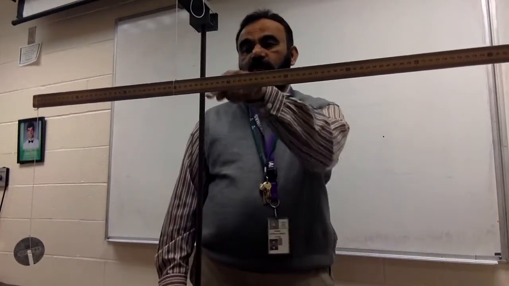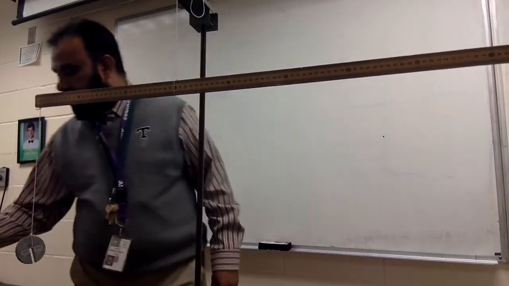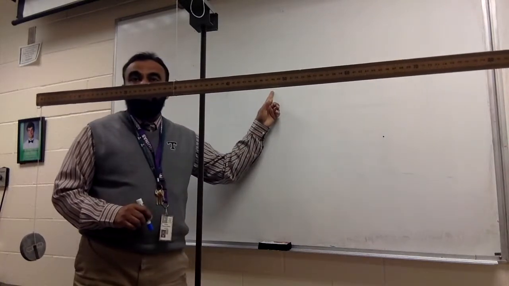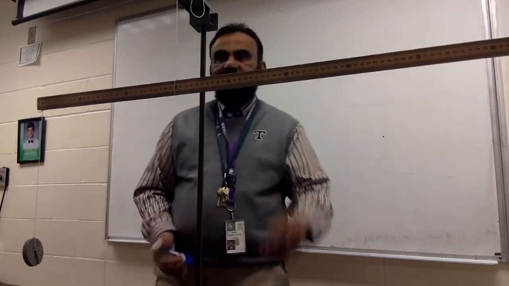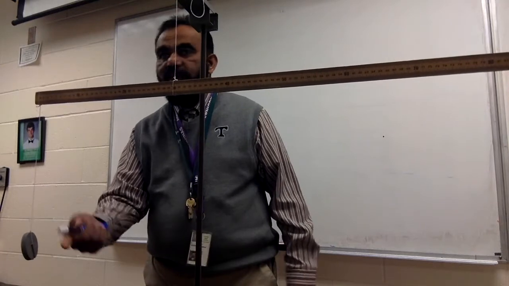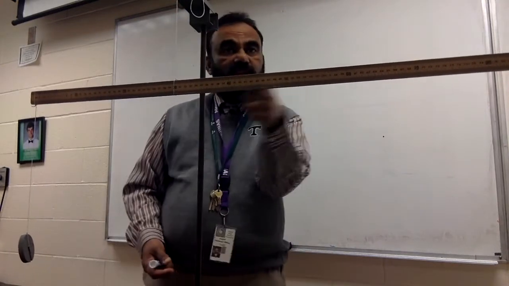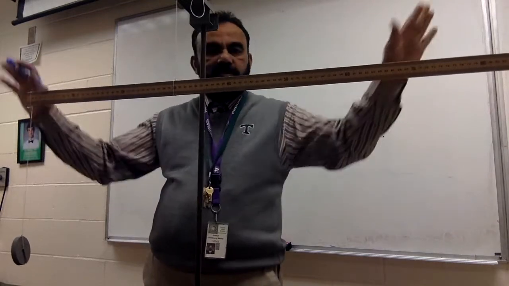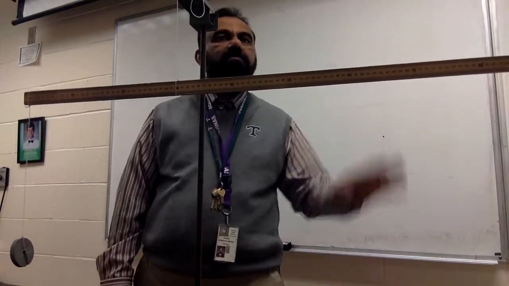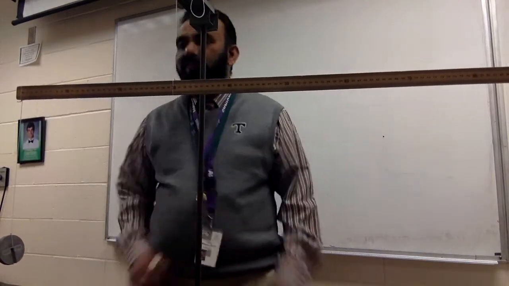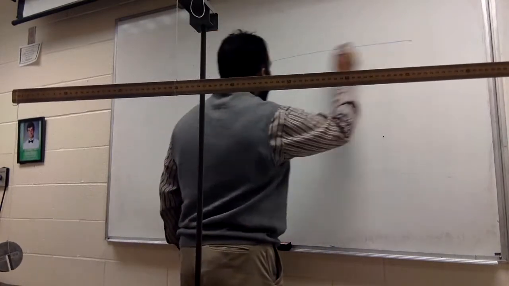Once you get that, what are you going to do in the procedure? You know what the procedure is, right? Suspend a 100-gram mass on one side, and then what? Move the other string to a spot till the whole thing balances. That's your procedure. And what do you do then? Draw the diagram.